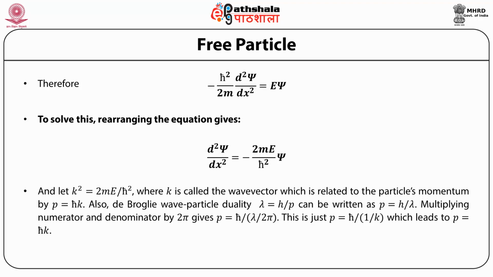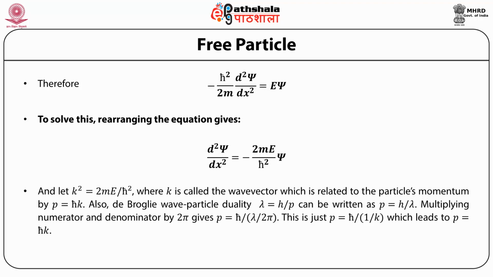Also, the de Broglie wave-particle duality, that is lambda equals h by p, can be written as p equals h by lambda. Multiplying the numerator and the denominator by 2 pi, it gives p equals ħ by lambda by 2 pi.